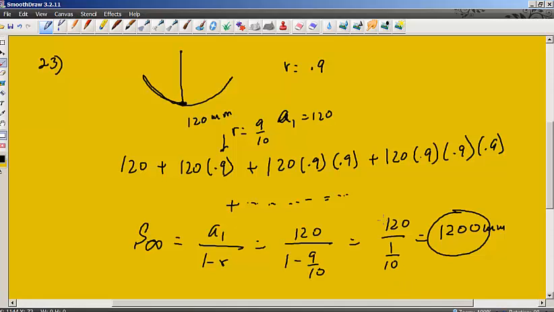0.9, okay? So the first swing is going to be 120, and then the second swing is going to be 9/10 of that. So tell me what 0.9 times 120 is. Calculate that for me. 108.